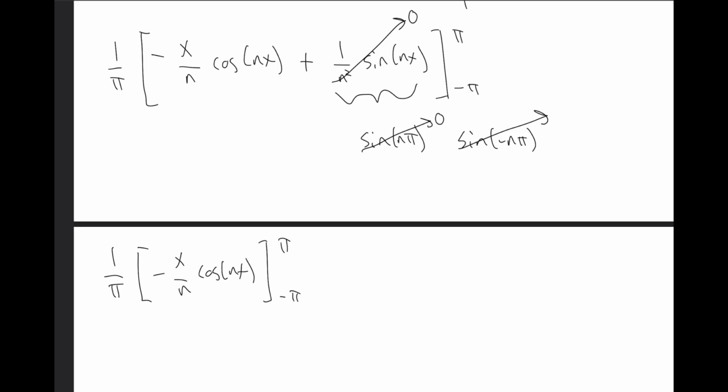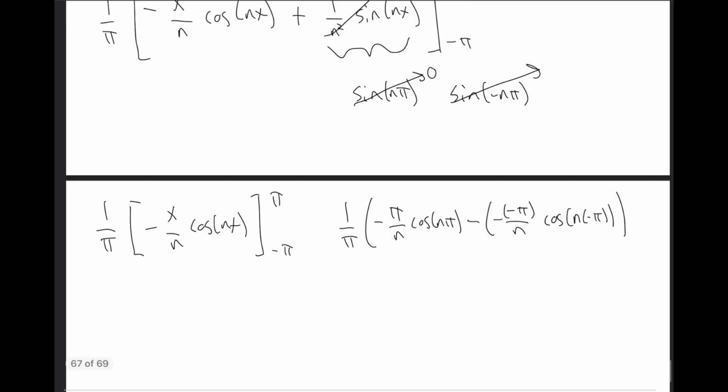And so what we get with that is 1 over pi multiplied by negative pi over n cosine of n pi, and then subtract negative pi over n cosine of n times negative pi. And cosine is even, so cosine of n pi equals cosine of negative n pi.